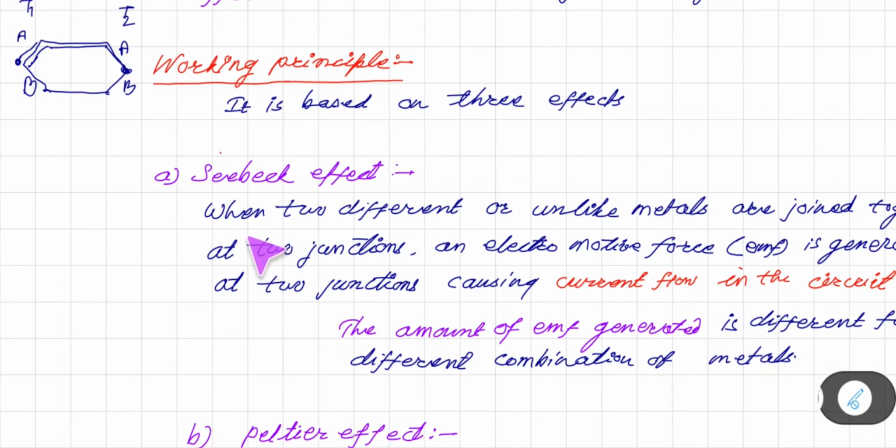That means, as I told you, when two different or unlike metals are joined together, as shown here, at two junctions, an electromotive force EMF is generated at the two junctions. So at both junctions EMF is generated, causing current flow in the circuit.